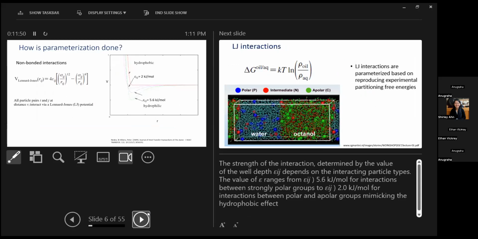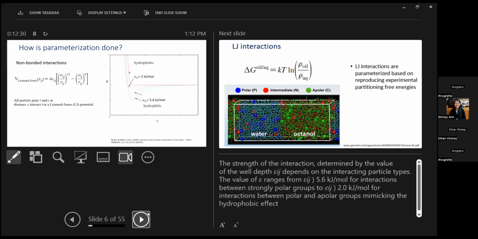So how is the parameterization done? In this case, the strength of interaction, for example, if you consider non-bonded interactions, is generally derived from the Lennard-Jones equation. The strength of interaction is determined by this value of depth here. If the amino acid is hydrophilic, it has higher epsilon IJ, this depth here, and it has lower for hydrophobic amino acids.